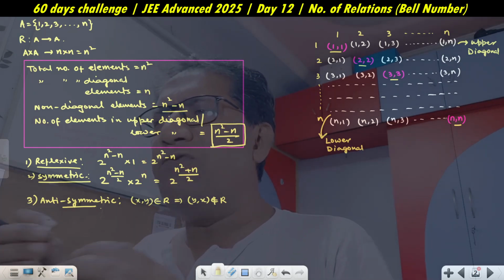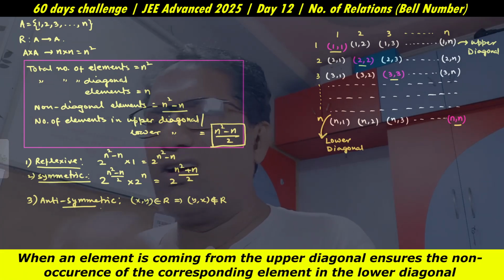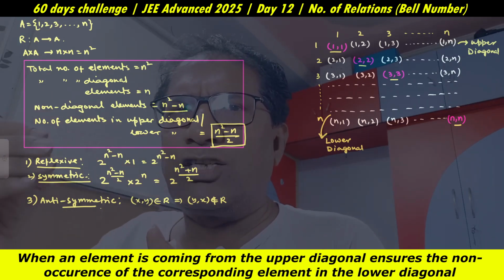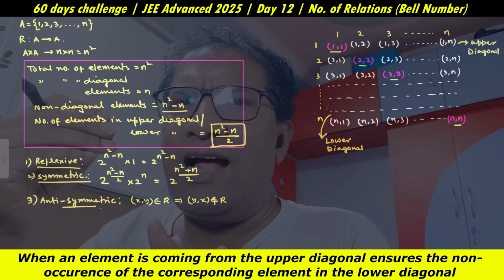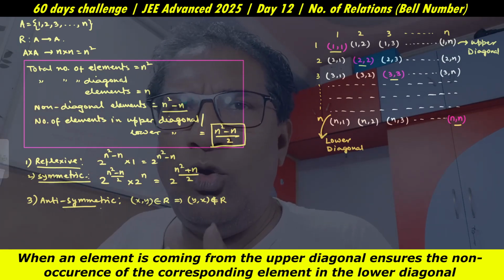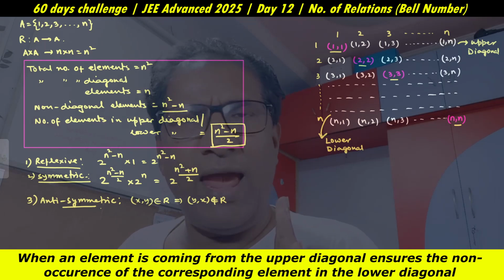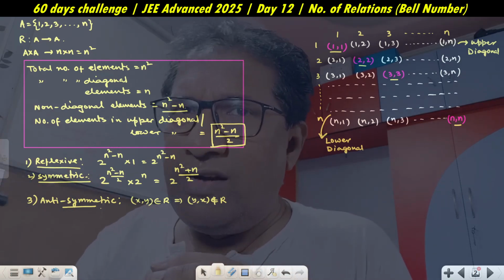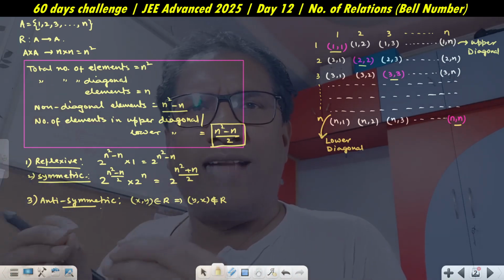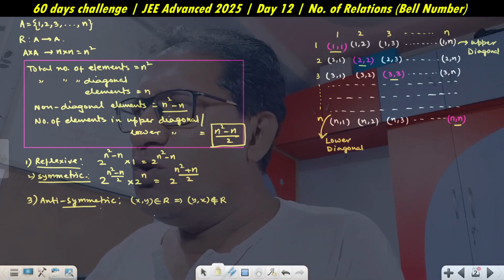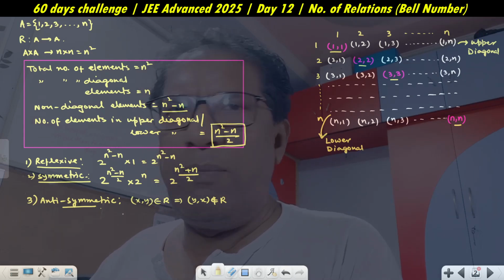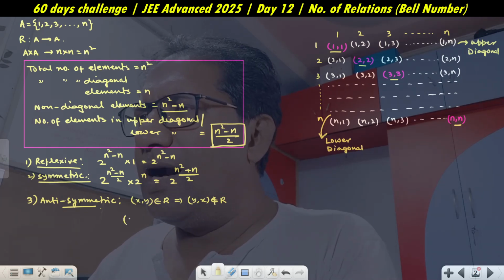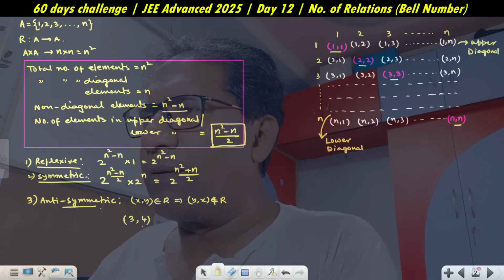Okay, so here we have to be very careful, because when any element from the upper diagonal is coming, that should ensure that the corresponding element of the lower diagonal is not coming. Okay? And if the diagonal elements come, I don't have any problem. So diagonal elements I will talk about later on. First, let us consider the non-diagonal elements. Now you see, let me take an example. It will be better to understand. Let me take an element in the upper diagonal, let us say 3, 4.